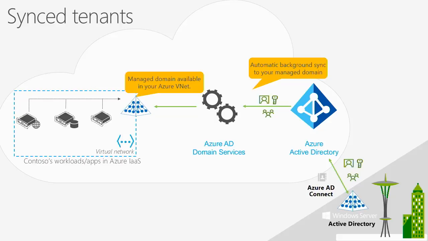And then in the background, once you've enabled the managed service, there's a synchronization of those same identities, groups, and the user passwords into the managed service itself. So when you look at the OU structure in the managed service, you will see your users and groups from on-prem AD.